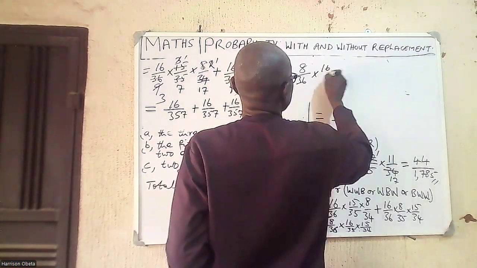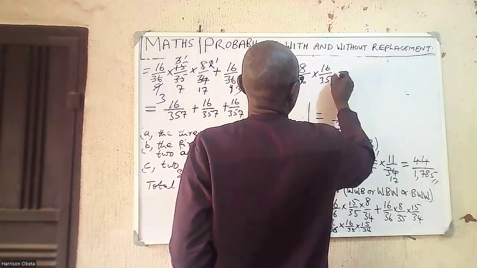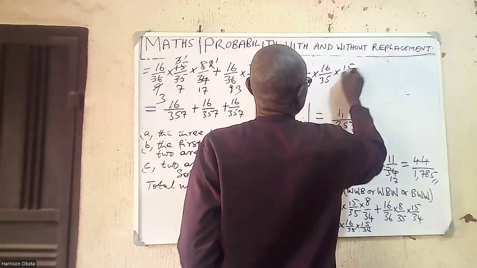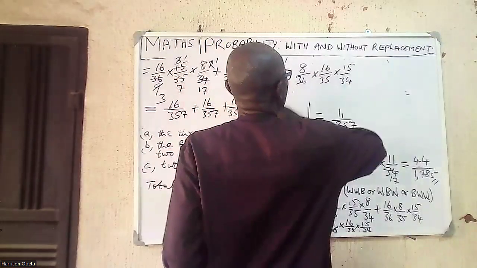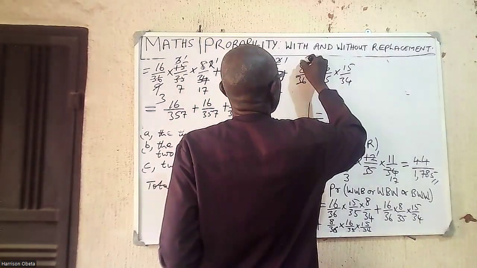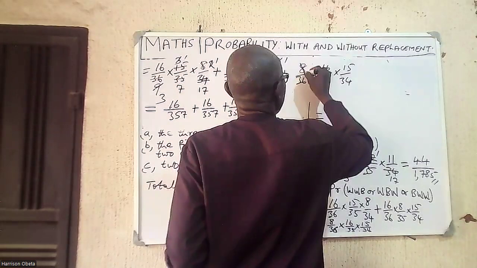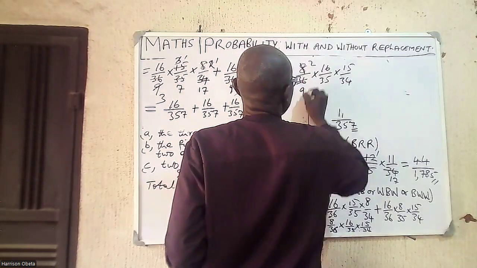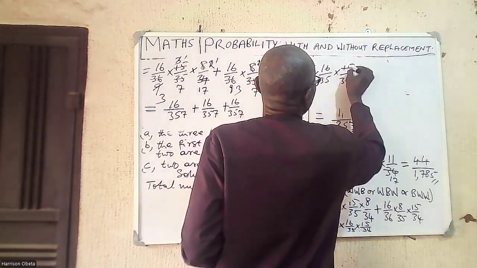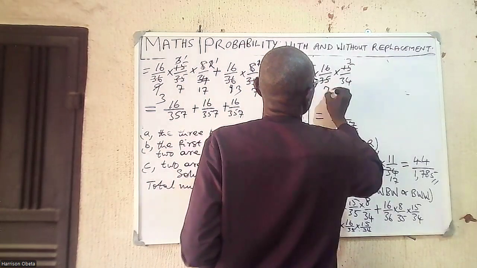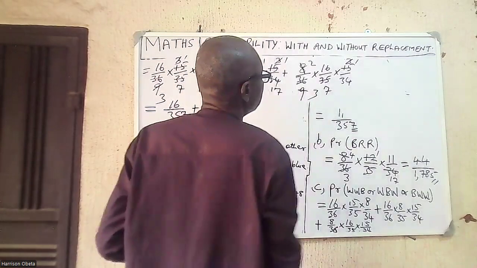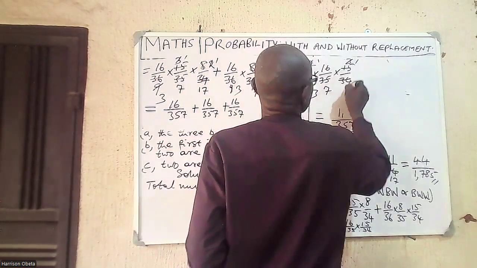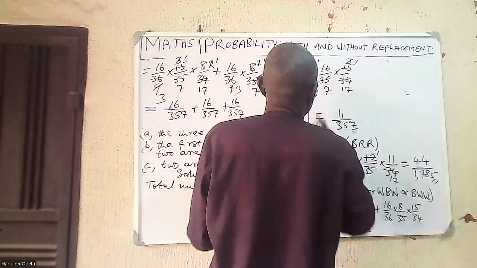Times 16 over 35 multiplied by 15 over 34. So 4 here 2, 4 here 9, 5 3, 5 7, 3 1, 3 3, and then 2 1, 2 17.